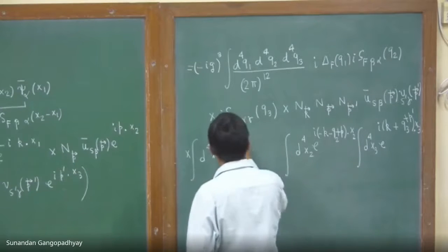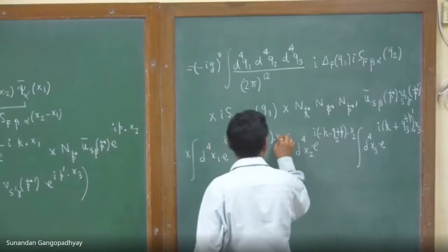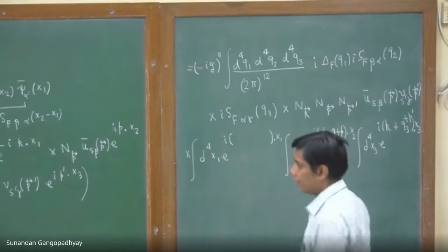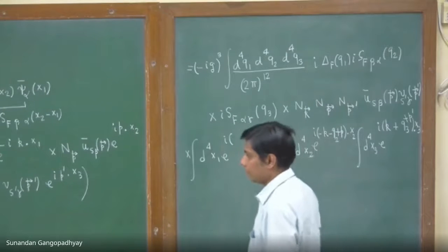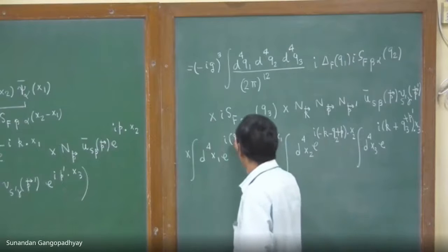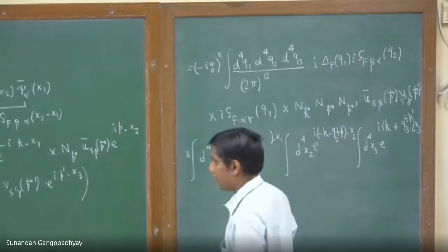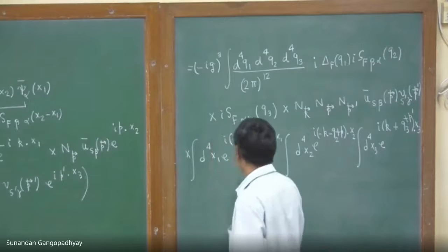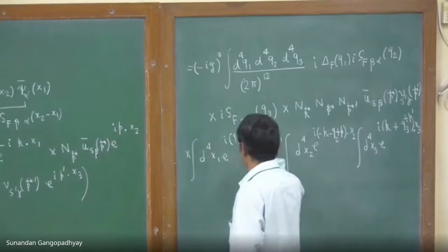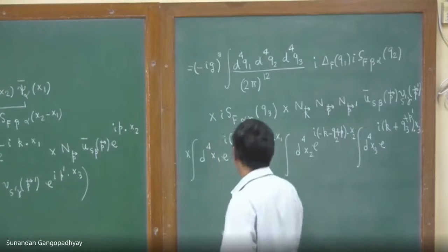Then e to the power of I, x1, x1 is q2 minus q3 minus p.